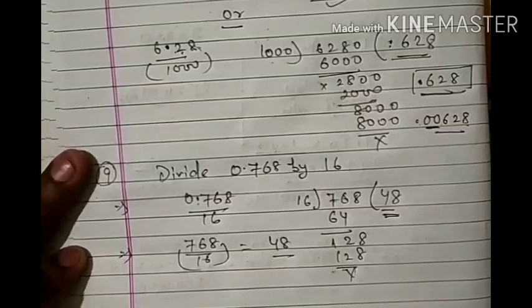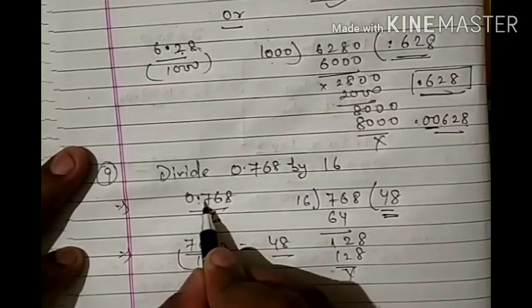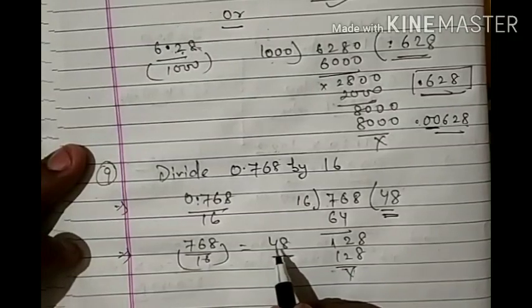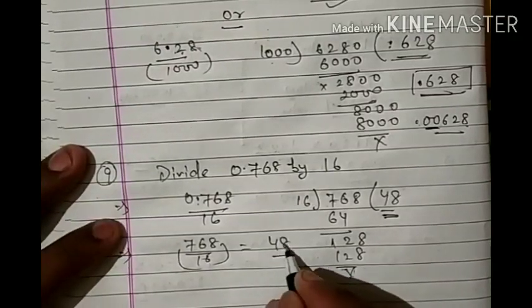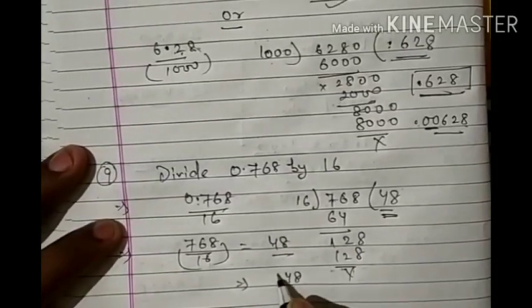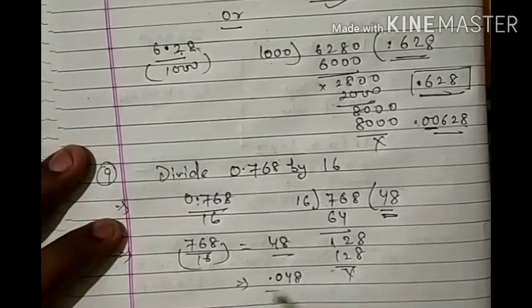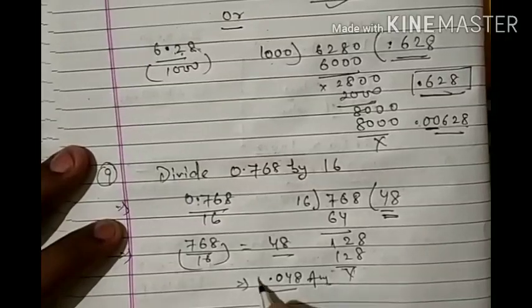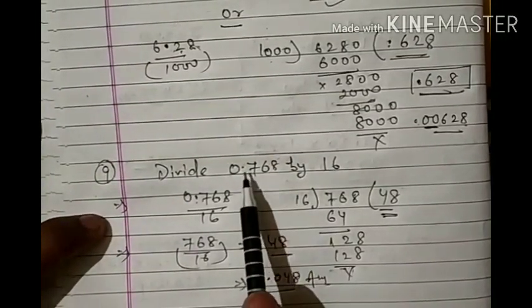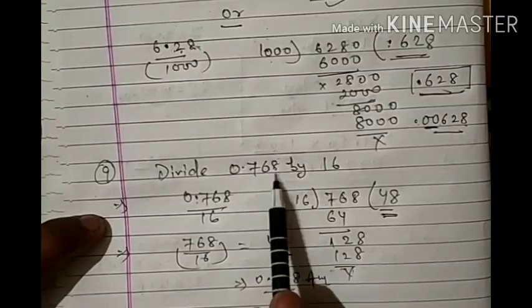We have to put the decimal 3 places before. We don't have a decimal over here, so we will put it 3 places before. That is 1 place, 2 place, and 3 place, and decimal over here. So this will be our answer: 0.048. We had to divide 0.768 by 16.